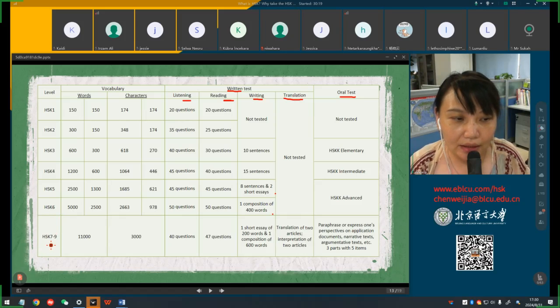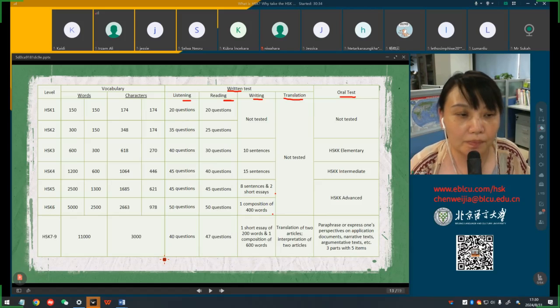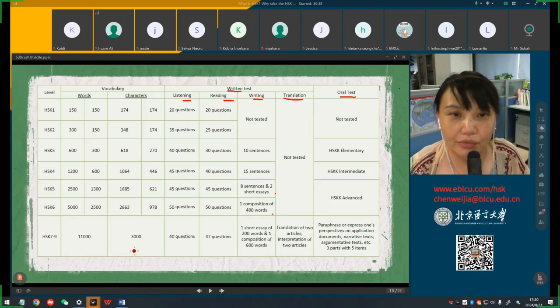And HSK 7 to 9, that is a different way of testing. They only have one test paper for the 3 levels, 7 to 9. They all use the same test paper. Depending on how many points you get, they will give you the levels from 7 to 9, depending on your test scores.